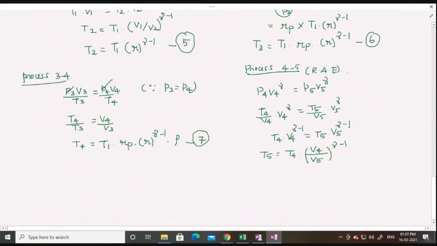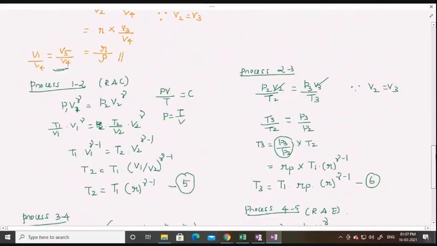Actually, here I am saying V4 by V5, so else you can write it like this: T4 into, go for the reciprocal, actually, V5 by V4.